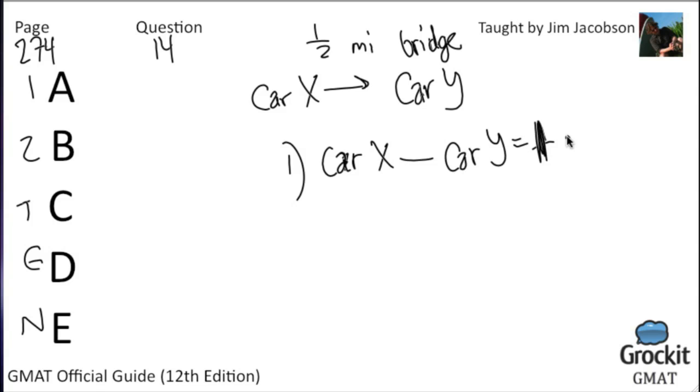Well, we'll just call it 1 second. That's all we really know about their speeds. It tells us their relative speeds, but we don't actually know how fast they're going. So insufficient, get rid of answer choice A and answer choice D.